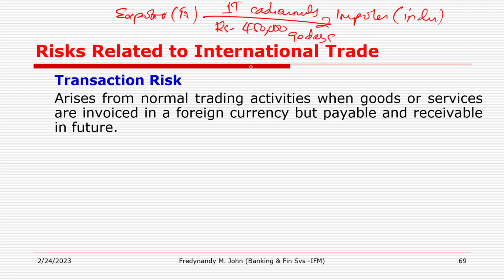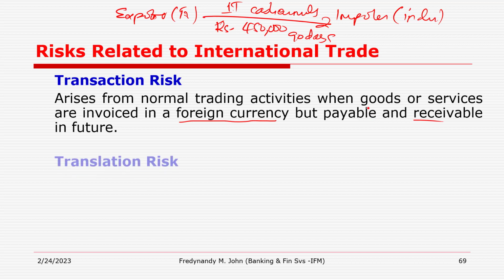Now, this is a typical example of an international trade transaction where foreign currency will be received in the future, 90 days later.